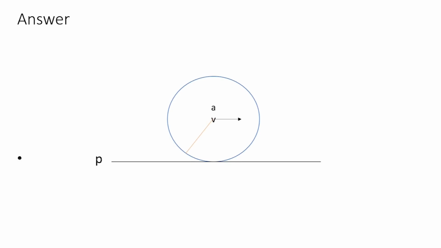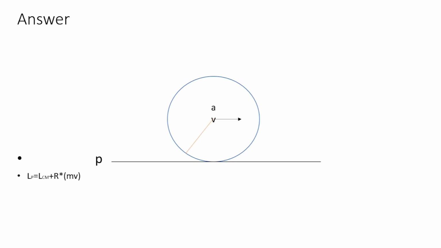First, consider a solid sphere of mass m and radius a which is rolling with a linear speed v. Let us consider a point P on the surface. Then the angular momentum of the sphere about the point P can be written as L_P equals L_CM plus R cross mv, where L_CM equals the angular momentum of the sphere about CM.